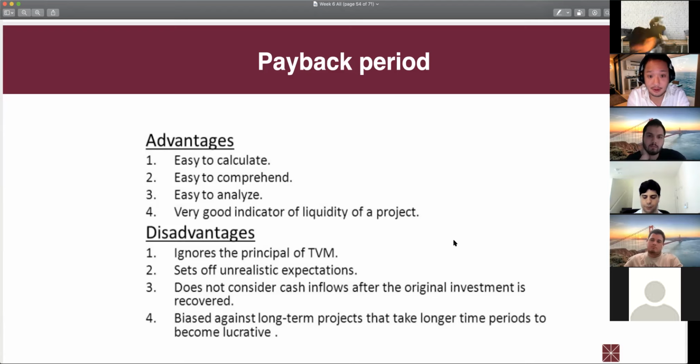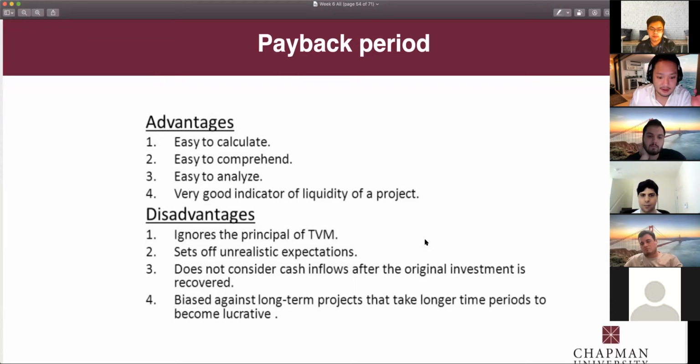So your payback period is actually better. So you're better off with project B, even though the initial outlay is significantly greater. Does that make sense? So it's a very quick and dirty way of being able to convince people that one project is better than the other.